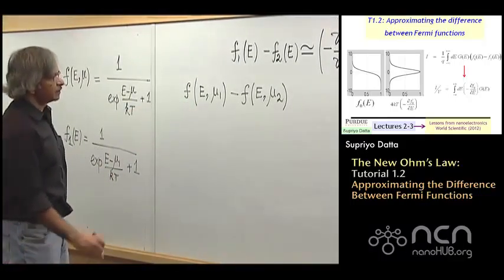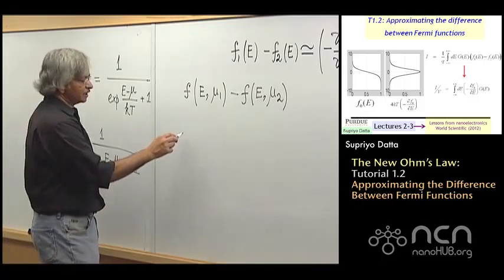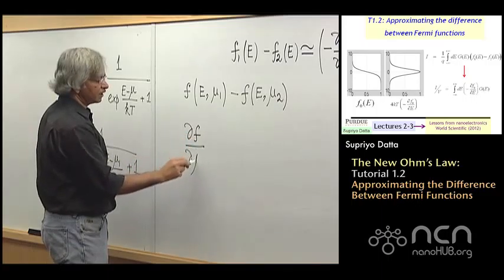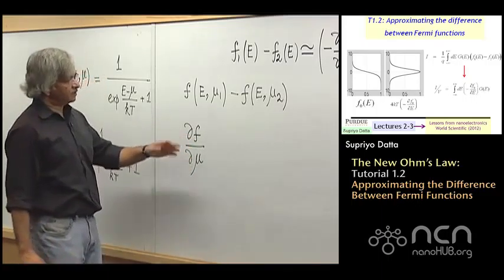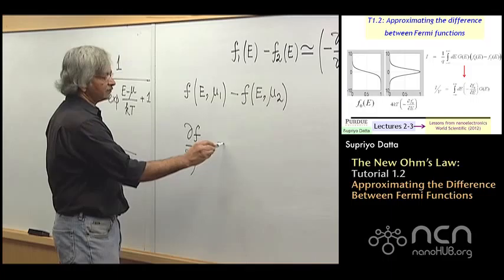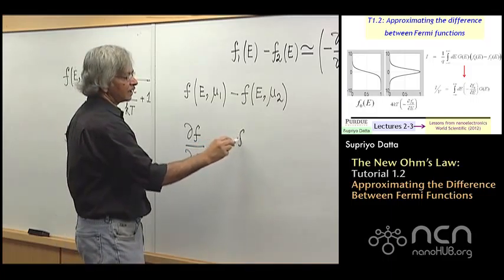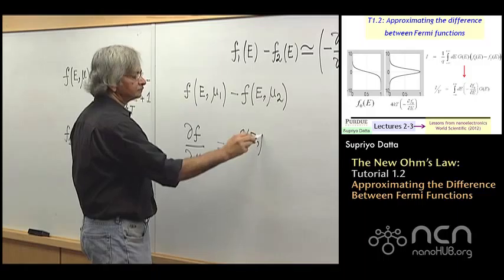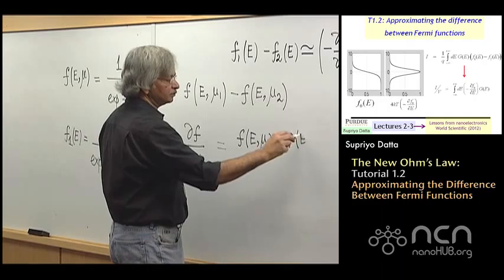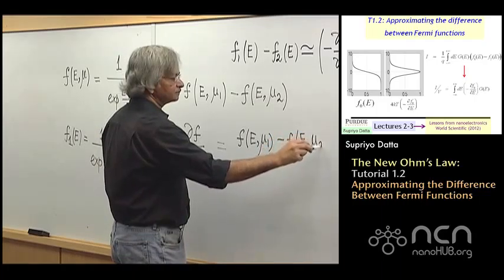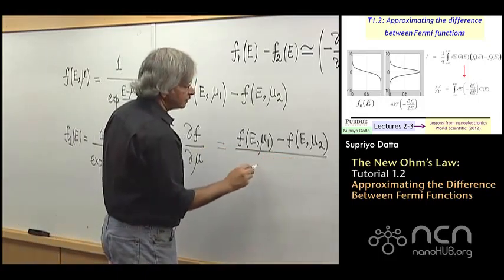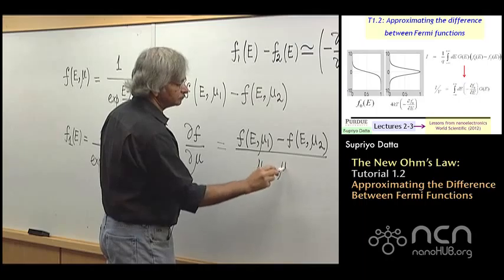So what you can do then is consider the partial derivative of f with respect to mu, so that's del f del mu. What that means is you hold E constant and you change mu. As you know, that can be written as f of E comma mu1 minus f of E comma mu2, two different values, divided by mu1 minus mu2.